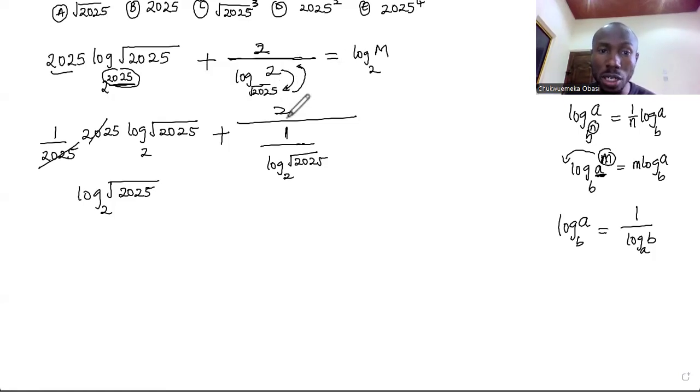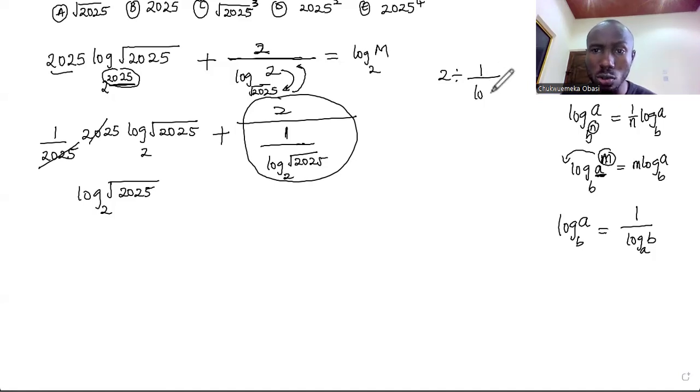So to this very point, let us now clean up this expression so it looks very well. Of course, you know this is like saying 2 divided by 1 upon log root 2025 base 2. That is all this implies, right? Then you change division to multiplication.